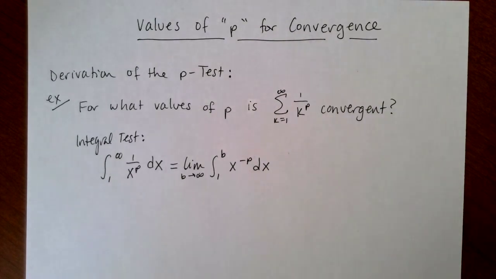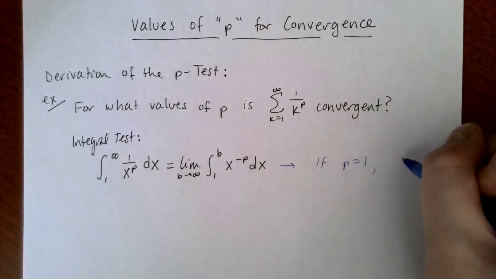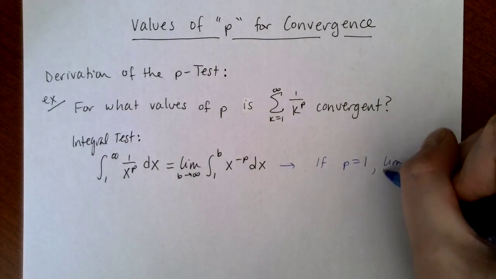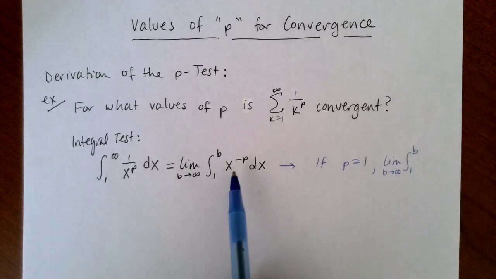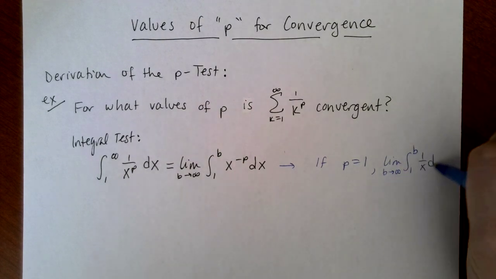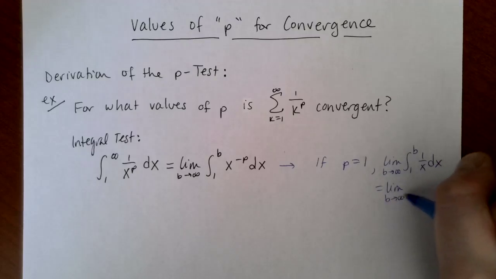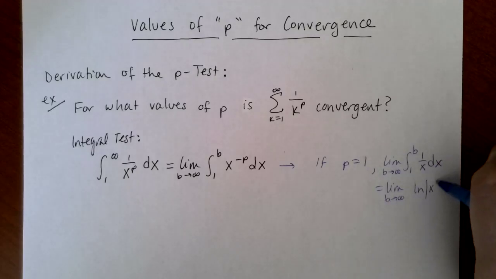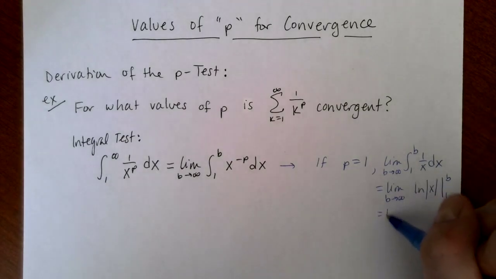Right, so off to the side, we'll say, okay, if p equals exactly 1, we are looking at the limit as b approaches infinity, integral 1 to the b, and this would be x to the negative 1, which is 1 over x as the original function. So then we would have an antiderivative of ln absolute value. So this is just one single case of the problem because it has a separate antiderivative.